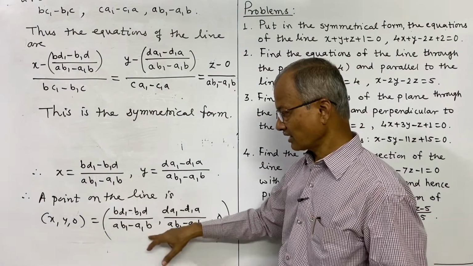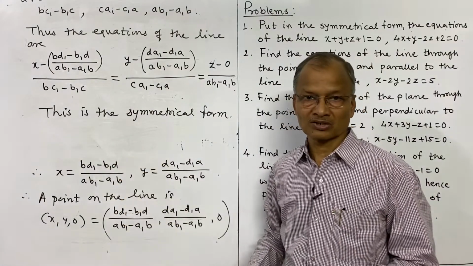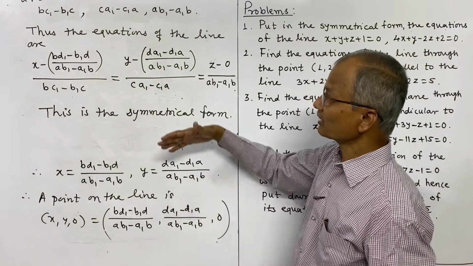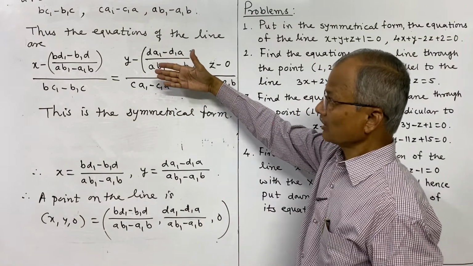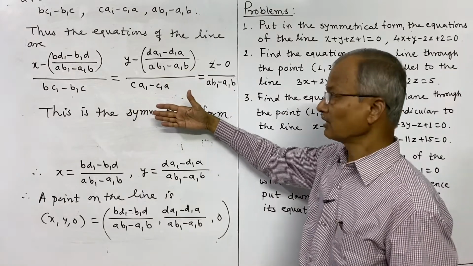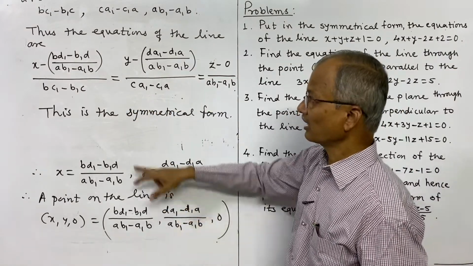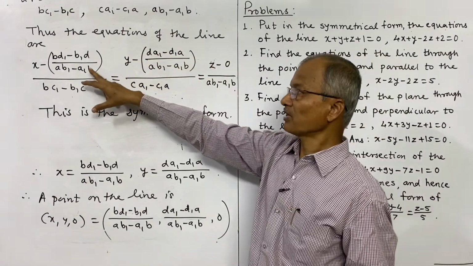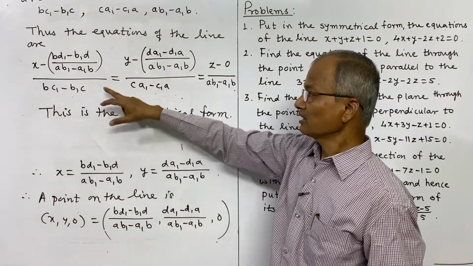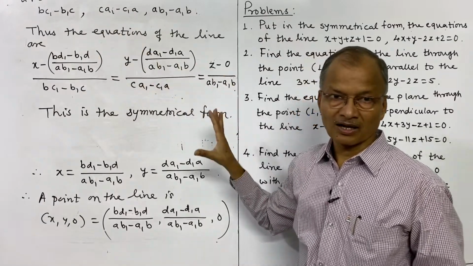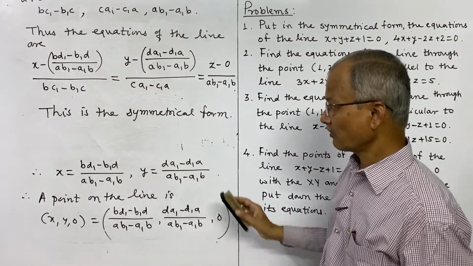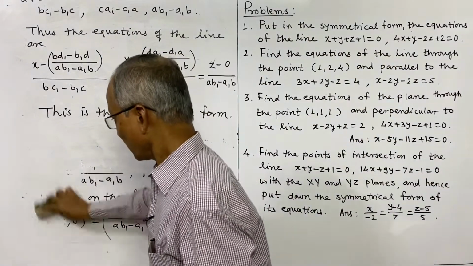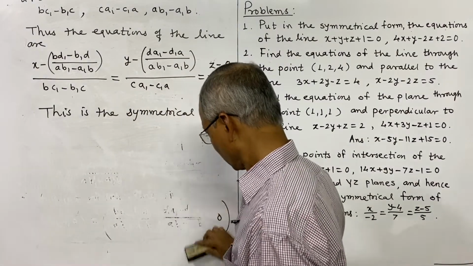We have obtained x and y values by solving the equations, and then using the earlier form of equation of line, that is passing through this point and having this DRS, the equation is given by x minus x coordinate of the point divided by the first DRS, etc. So this is the symmetrical form of equation of line, and this completes the derivation.